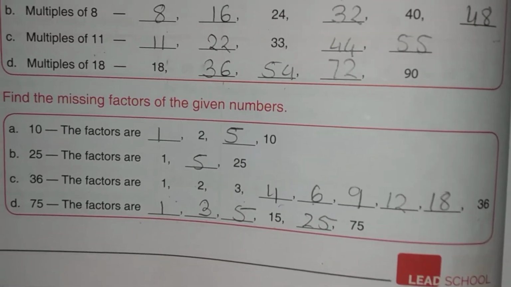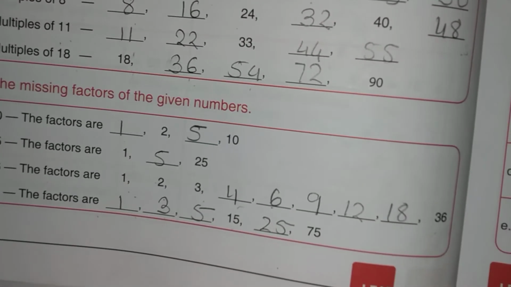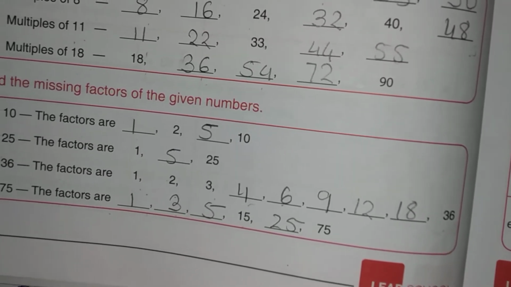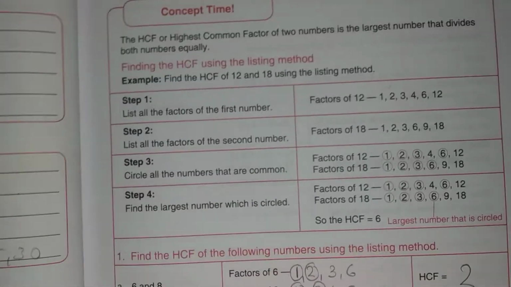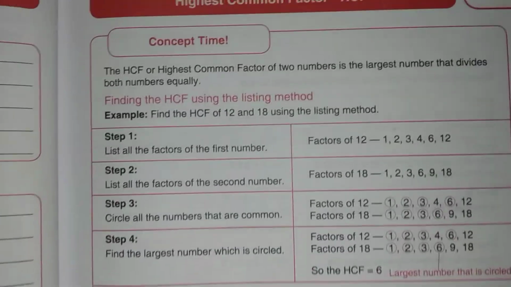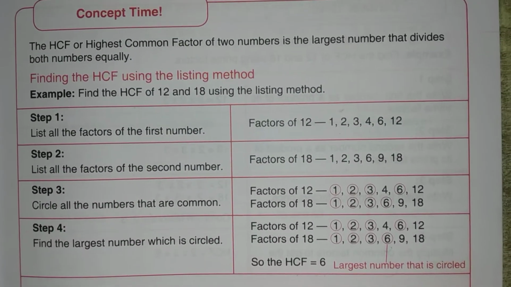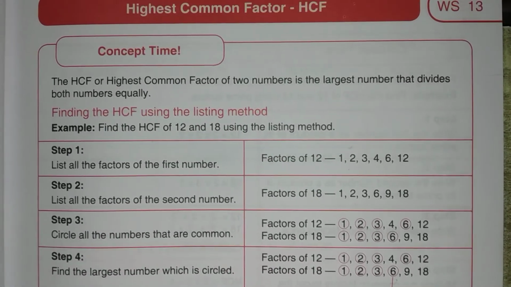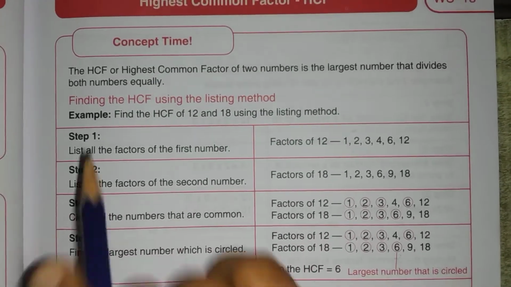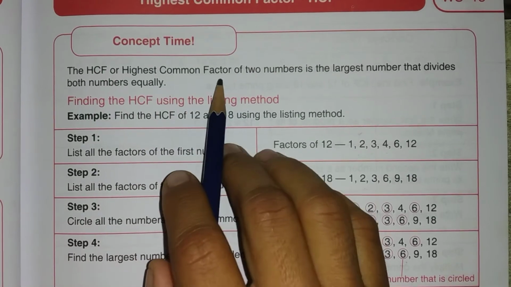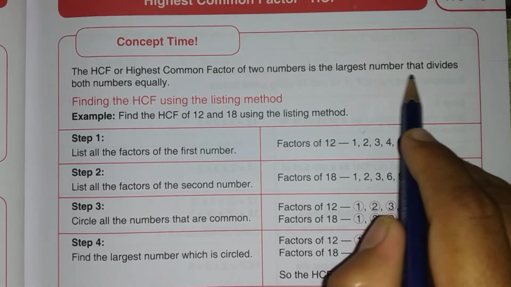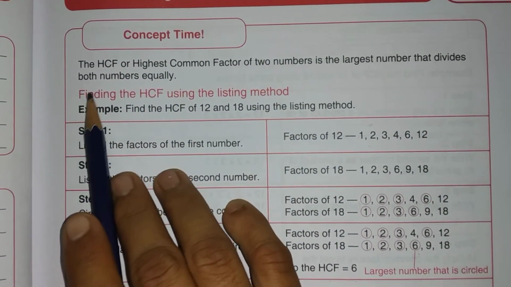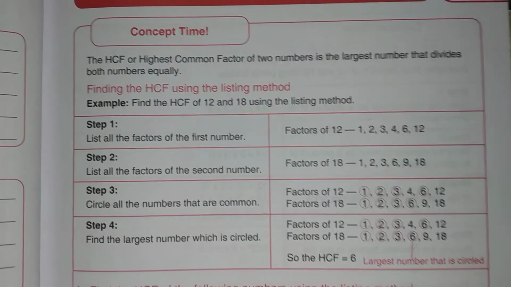Okay students, I hope your work is complete. Now we'll start the next worksheet, number 13. Highest common factor, HCF. The HCF of two numbers is the largest number that divides both the numbers equally.